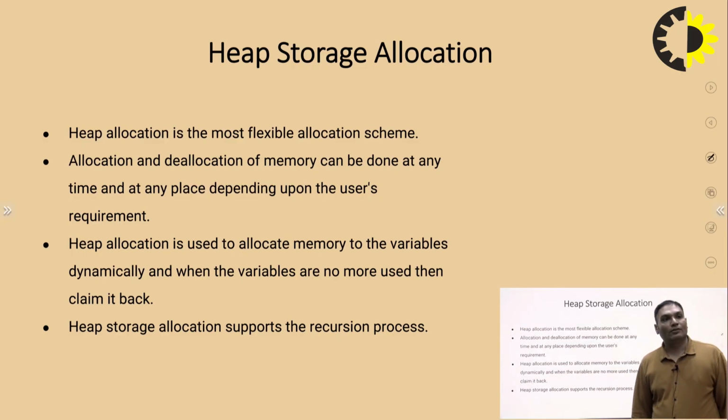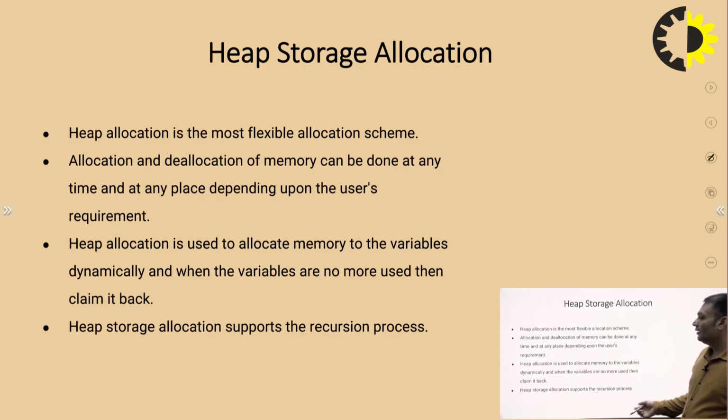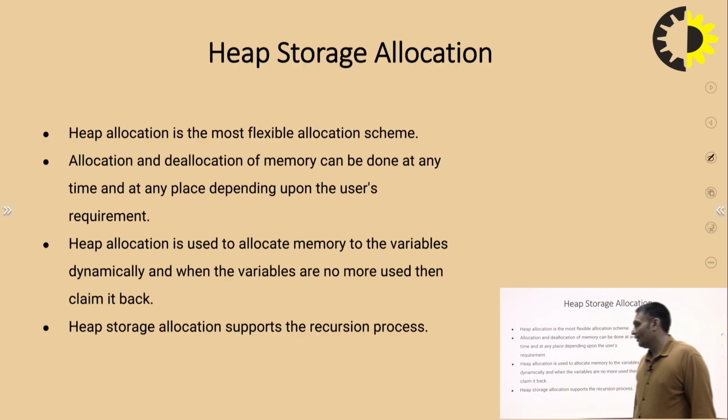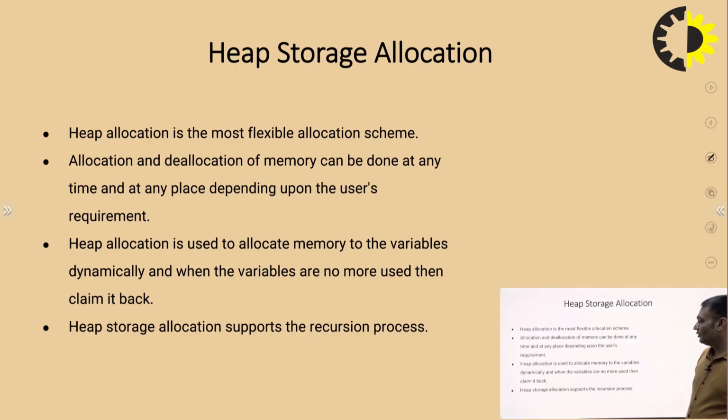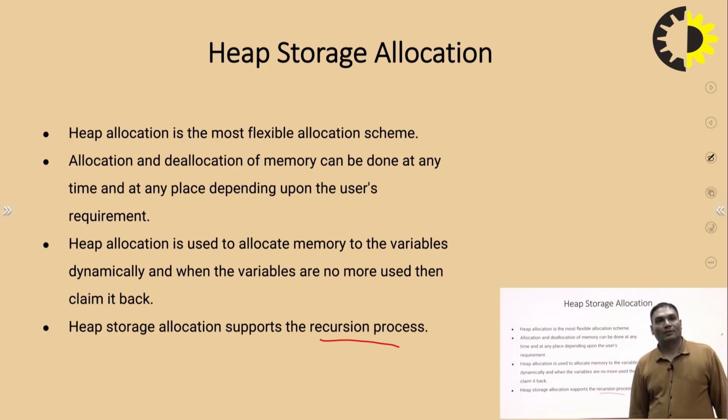So heap allocation is used to allocate memory to variables dynamically, and when the variables are no more used, then it can be claimed back. Heap storage allocation supports the recursion process as well, that was not possible with the static allocation.